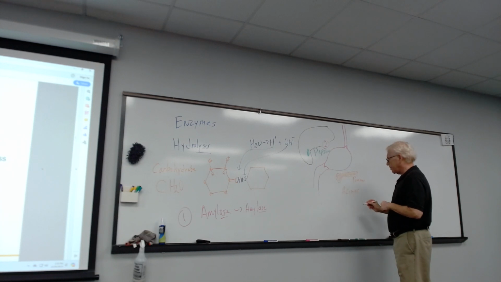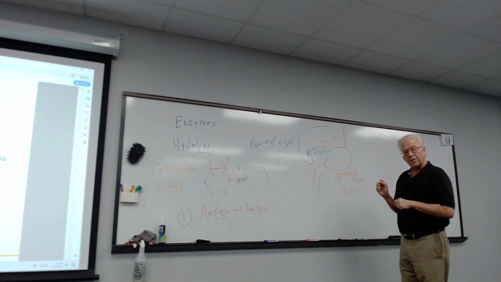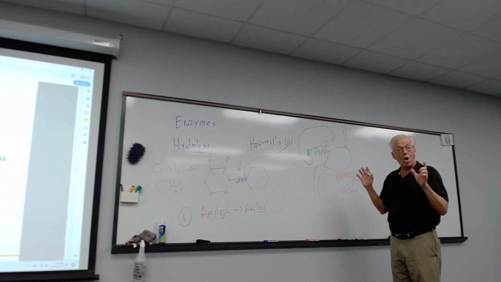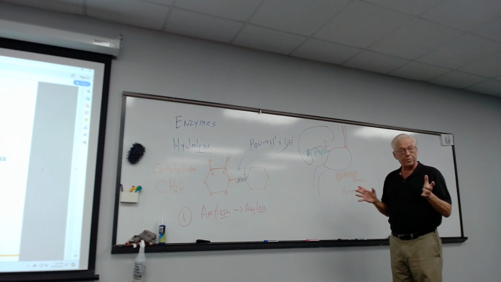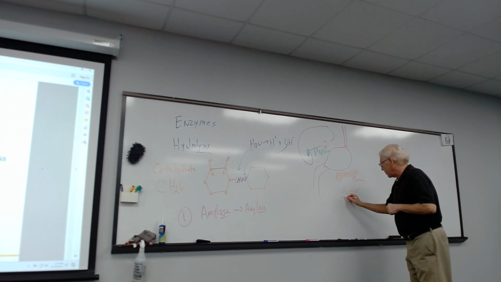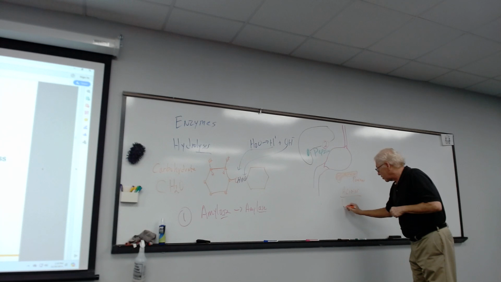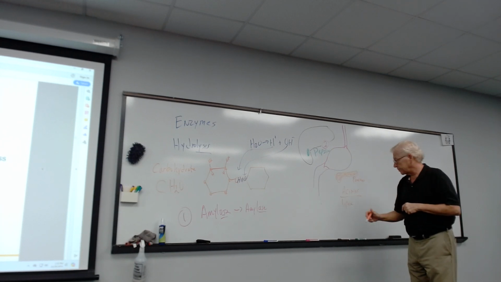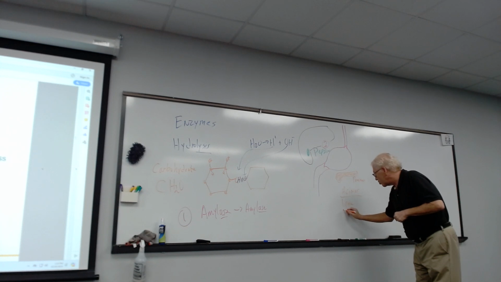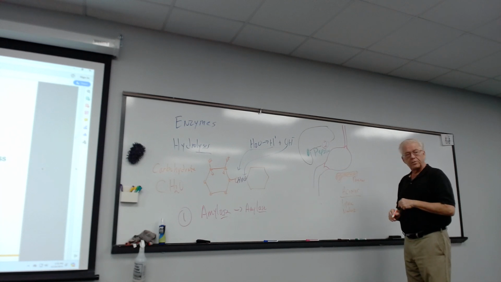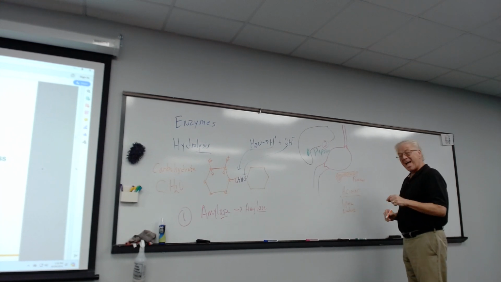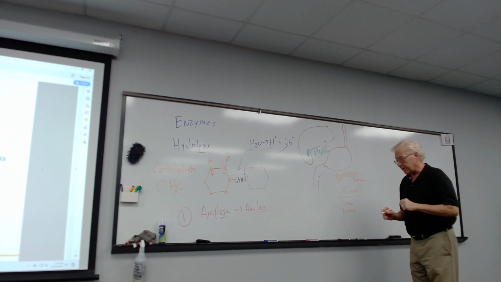Acinar. Okay? The acinar cells are the ones that break down all 4 of your food groups. These acinar cells use lipase to snip lipids, and nuclease to break down nucleic acids, and 3 for protein.